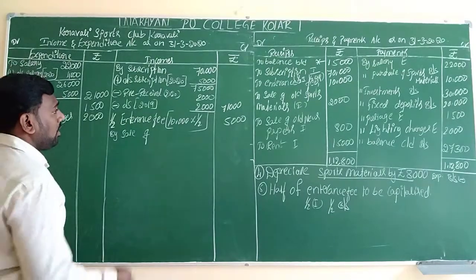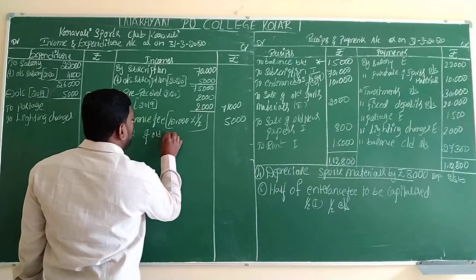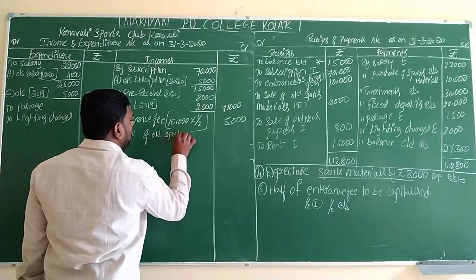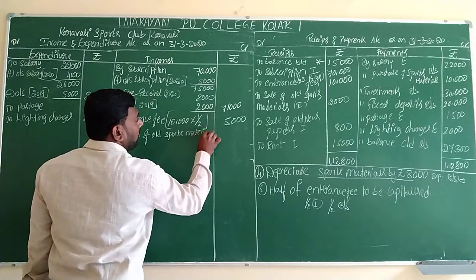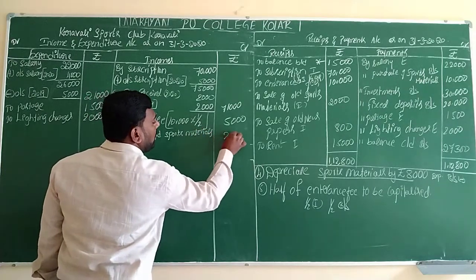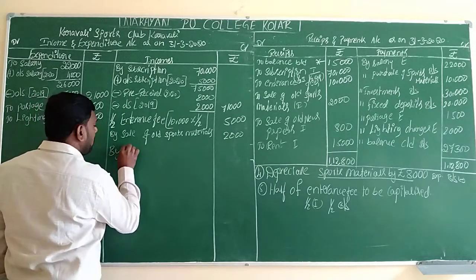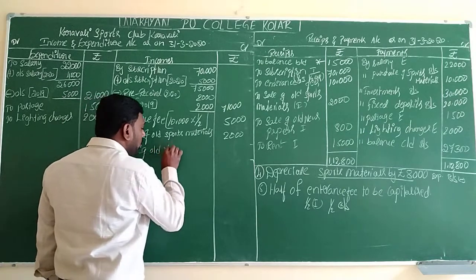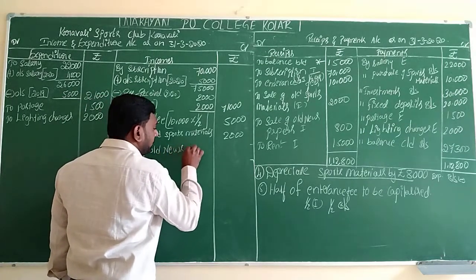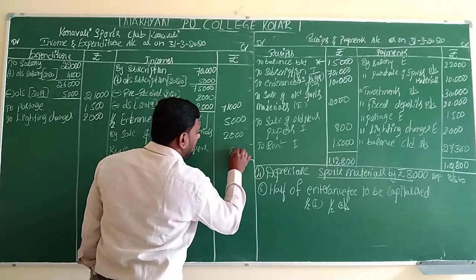Next, sale of old sports materials, value is 2,000. After that, by sale of old newspapers, value is 800.